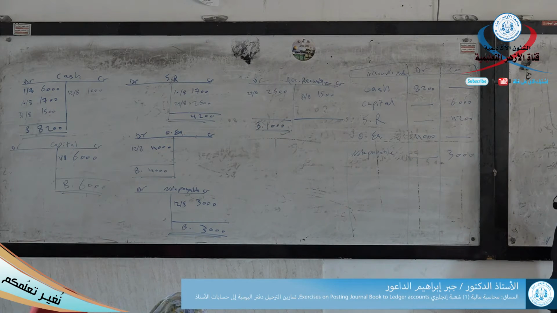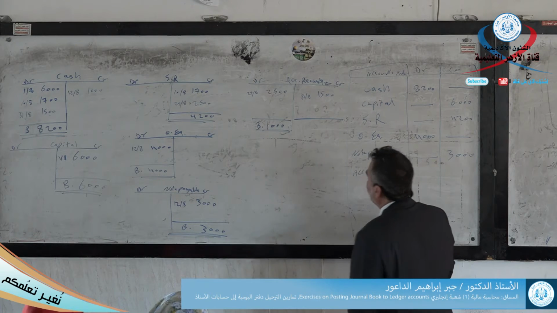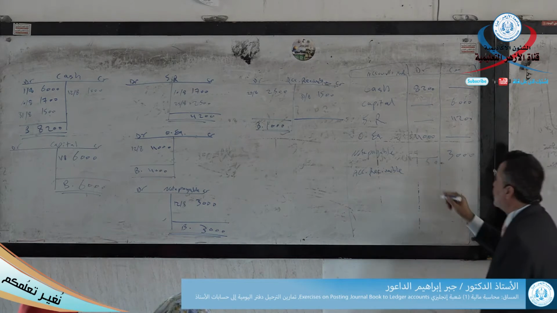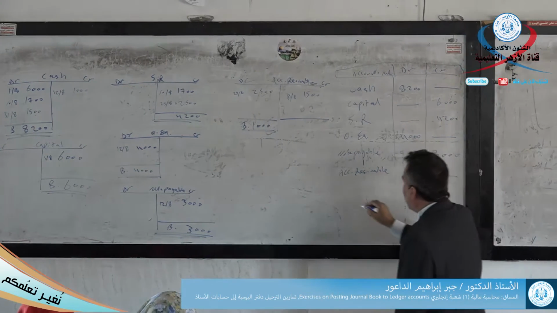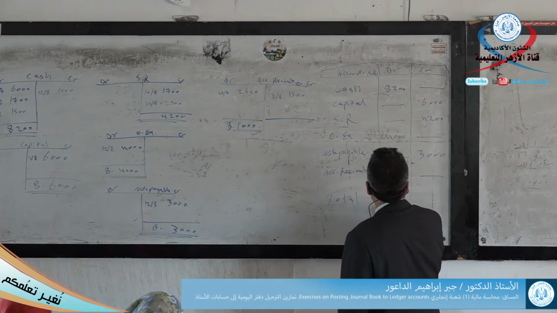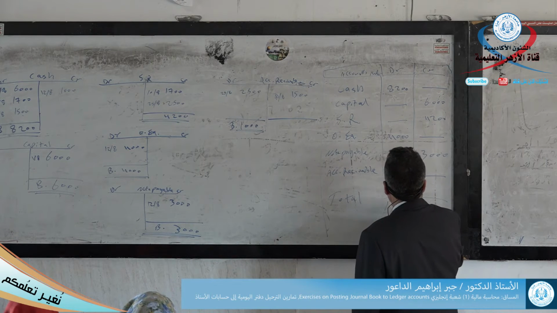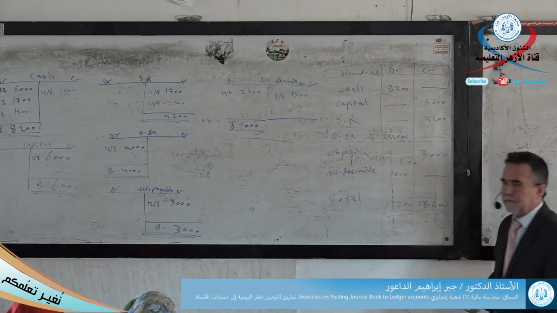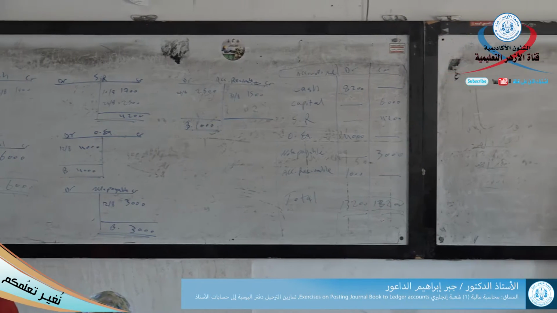Final one, account receivable. Debit side 1,000. Total 13,200. It will be the same.